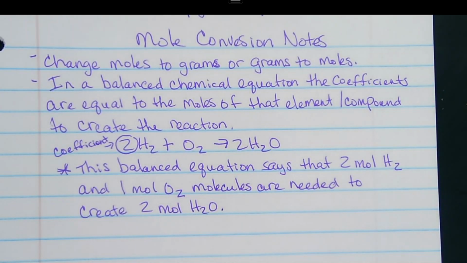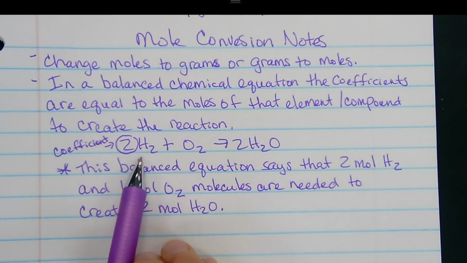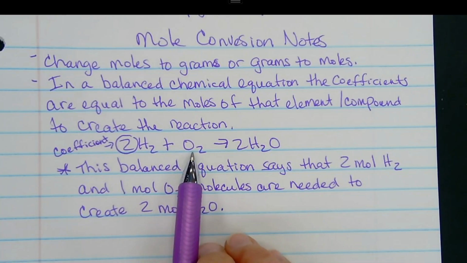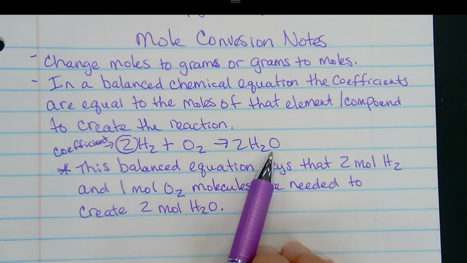So if I was to read this equation in words, that's exactly what it says. I need 2 moles of hydrogen plus 1 mole of oxygen to create 2 moles of water.